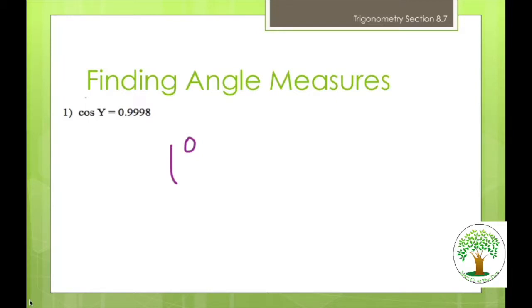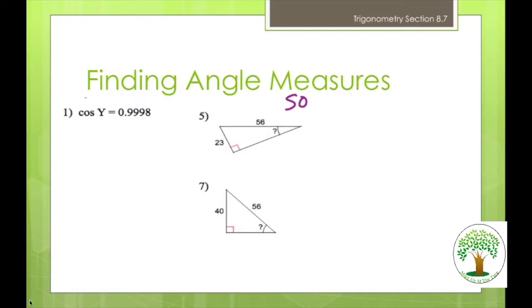Now, there are going to be times, though, when we actually have a triangle that we're trying to find the angle measure for. So, like number 5 and 7, if you'll skip down to 5 and 7, there's going to be times when you need to know the angle measure of an actual triangle. So we're going to have to do a little bit more. We're still going to use our SOHCAHTOA. In this triangle, the angle measure we're looking for is the question mark, and we have given to us the opposite of that.